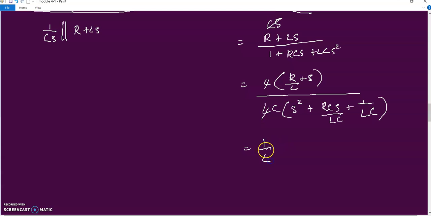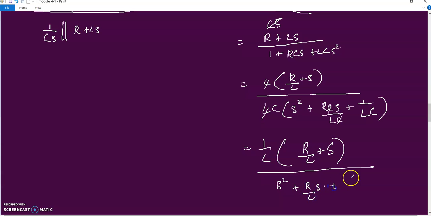So we have 1 by C into R by L plus S divided by S square plus, the C term will cancel off, R by L into S plus 1 by LC. This is the impedance transfer function of the circuit, the driving point impedance function of the circuit.